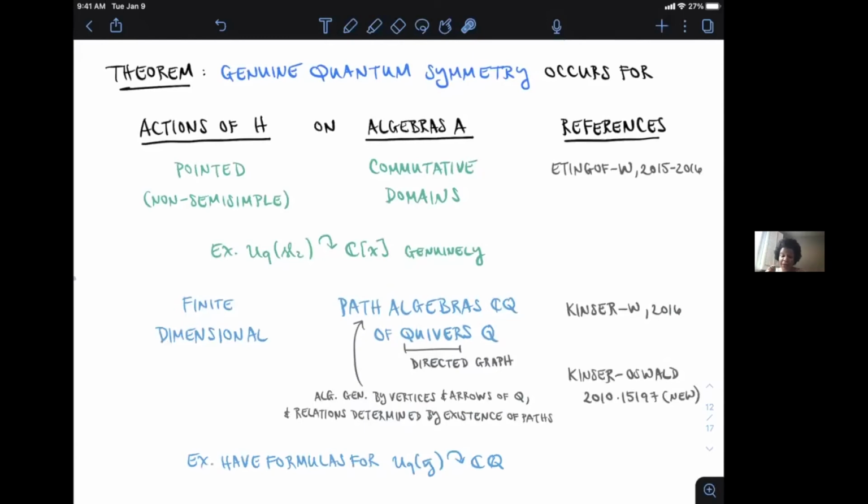If you can't, you get 0. If you can, it's a basis element. So there are very explicit formulas for nice examples of finite dimensional Hopf algebras that act on such combinatorial algebras in this paper. In fact, most recently in a paper by a grad student, Amrei Oswald at University of Iowa. So I think this is cool stuff.